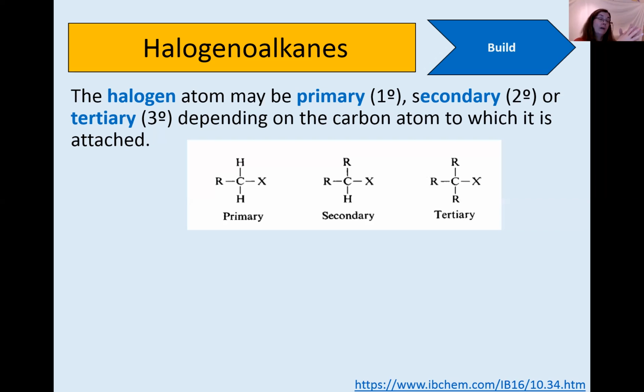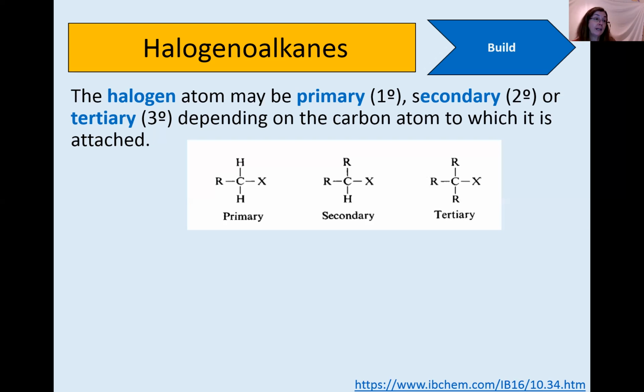There's only one carbon attached to the C that contains the halogen. So that's what we call a primary substituted halogenoalkane. So it's got two hydrogens and a carbon and a halogen. It's the fact that it's got one carbon attached to the carbon of the carbon-halogen bond.